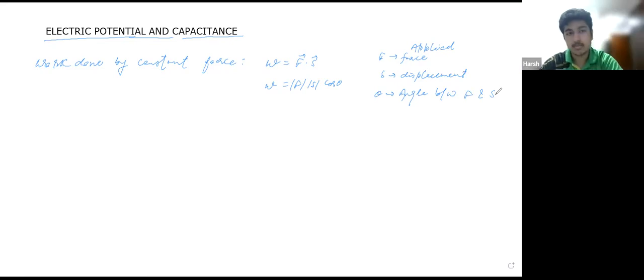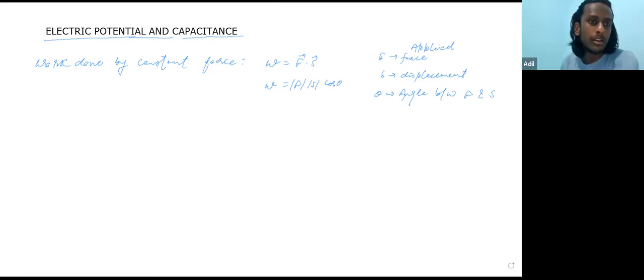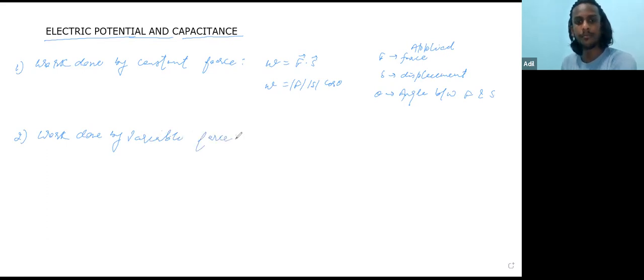Similarly, we already know work done by variable force.